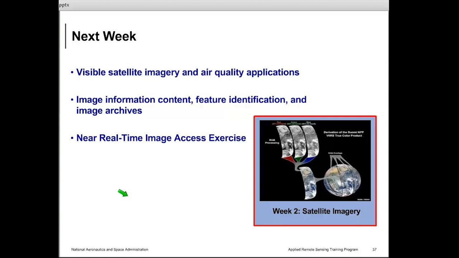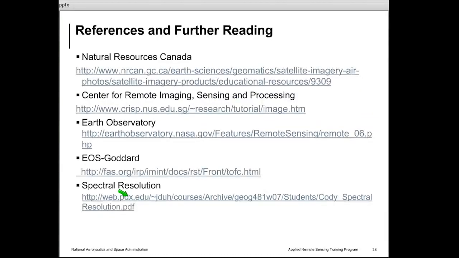We will also do a hands-on exercise for near real-time image access using a tool called Worldview. Then we'll go over some of the applications, and how we can use Worldview to access near real-time satellite imagery.